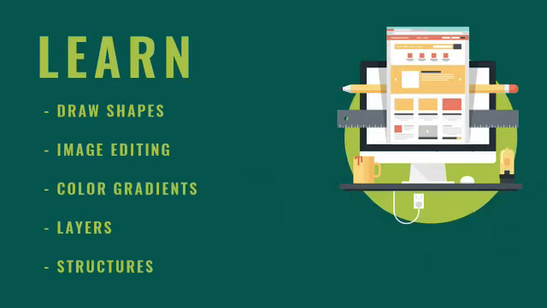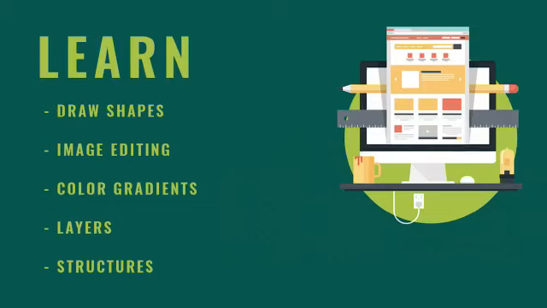Learn how to do color gradients. It's very important in UI design. I made a lot of UI designs in my career, and you should know how to work with color gradients.